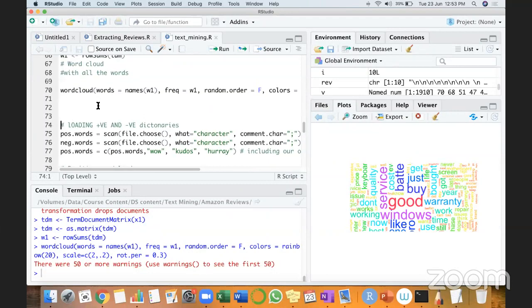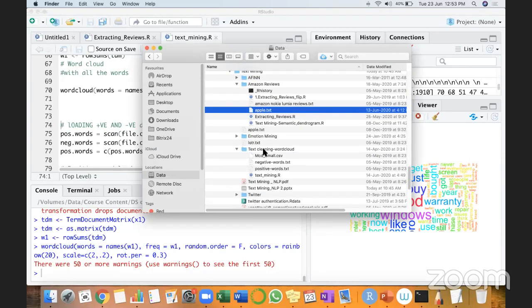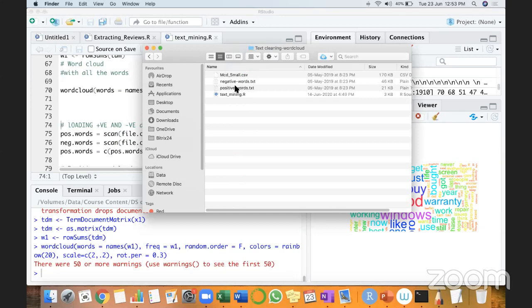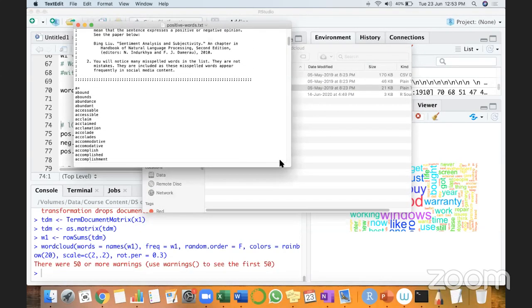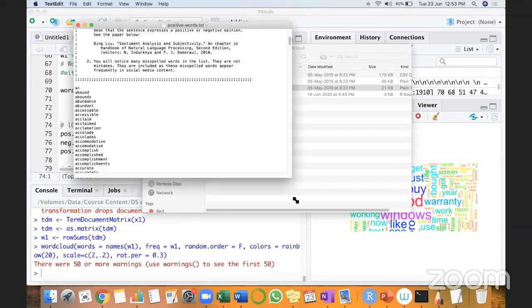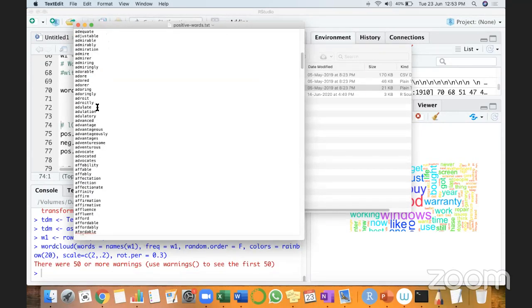For that, we have a list of positive words and a list of negative words. Let me show you that. We have an approved list of positive words: abounds, abundance, abundant. These are the positive words. What we do is compare our words from the Amazon reviews with these words.